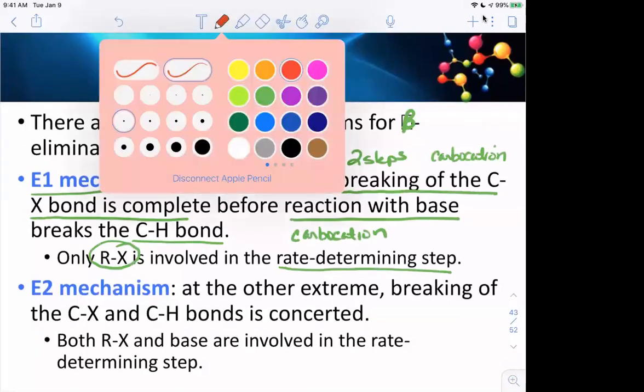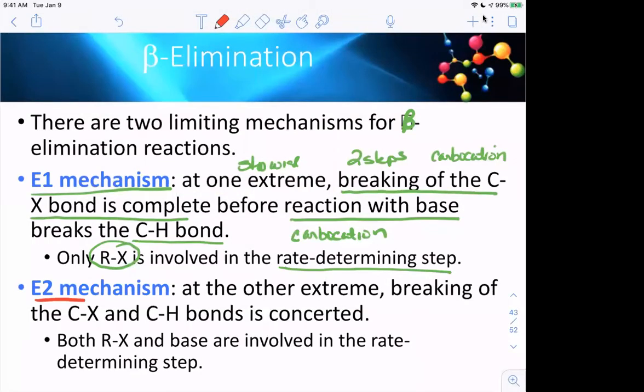And then I also have the E2 mechanism, which is the other extreme. This is concerted. So this is 1 step. The bond breaking, which in this case is the CX and the CH, is concerted.